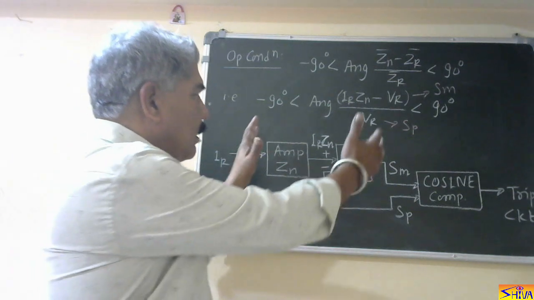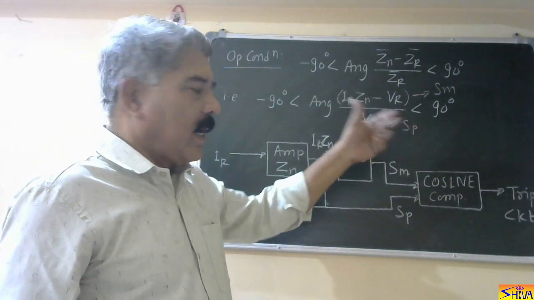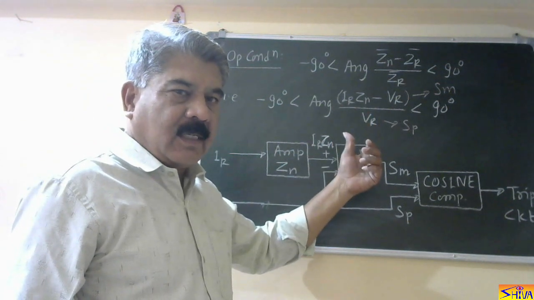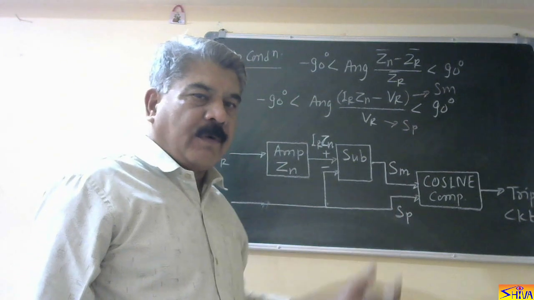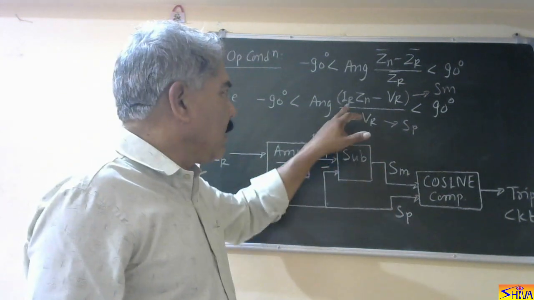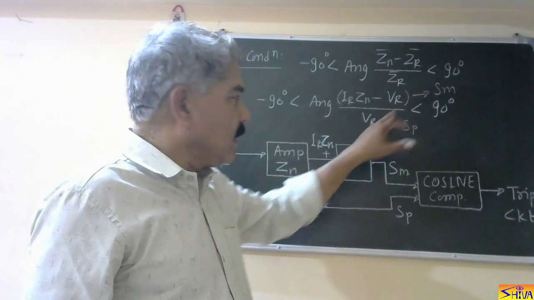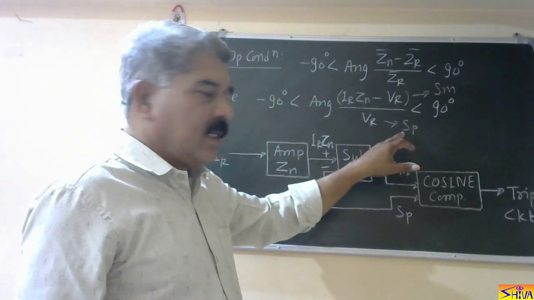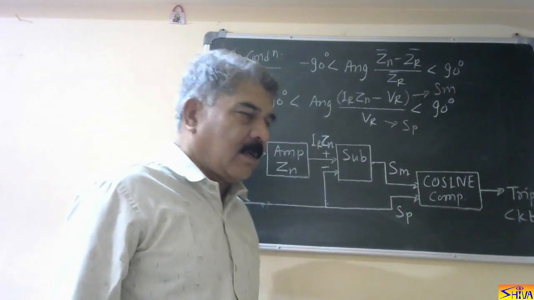Now again, it is a cosine type of comparator, because we have two signals, and if the angle between these two signals is between minus 90 and plus 90 degrees, then the output will become high. So it is a cosine comparator. Let us denote this signal by Sm, that is the measured signal or operating signal. This signal is Sp, that is the polarizing signal or reference signal. These two signals will be fed to the cosine comparator.